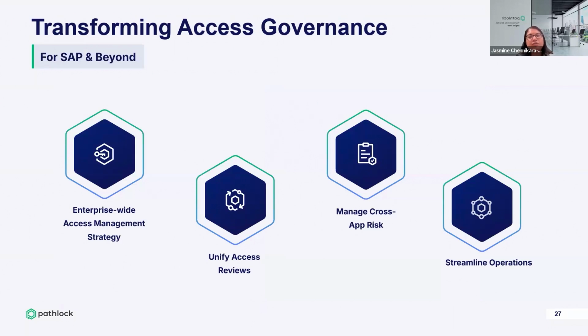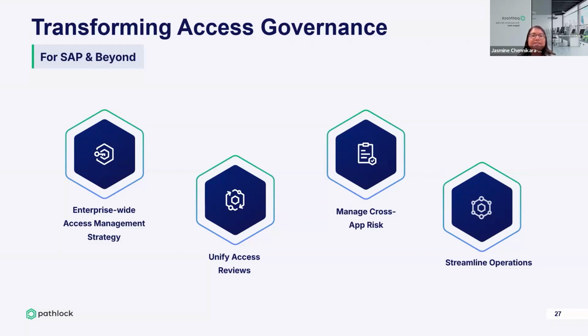So everything we walked through so far leads to this, transforming how user access is governed. By centralizing processes, integrating systems, and automating reviews, you unlock benefits that go far beyond compliance. First, you're establishing a unified access management strategy.